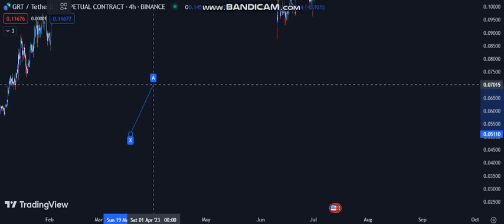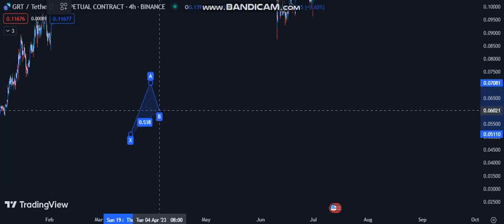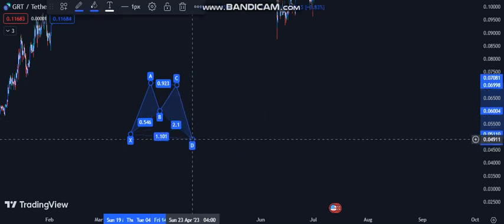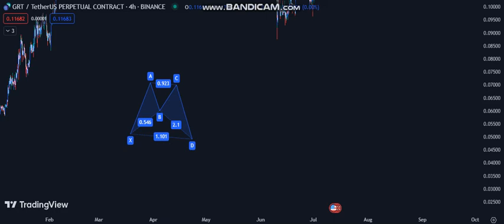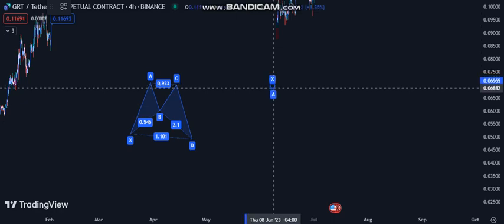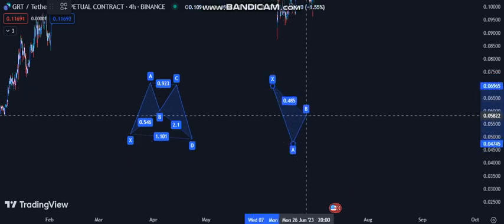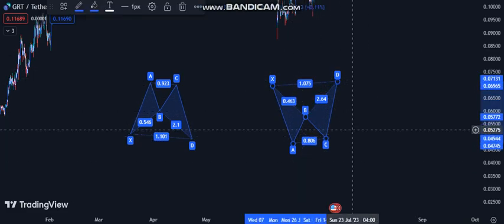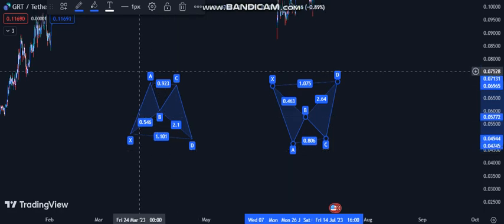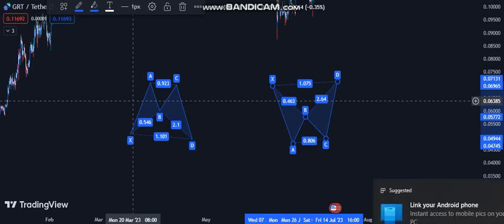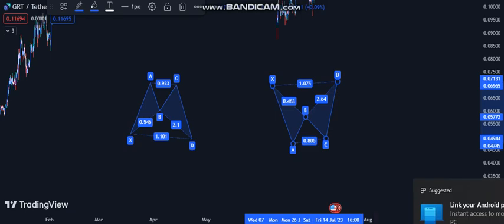One is your M type harmonic, which is, by the way, bullish. One is your W type harmonic, which is bearish. So don't get into Anti-Cipher, Shark, Gartley, and Bat, and so many other stuff.